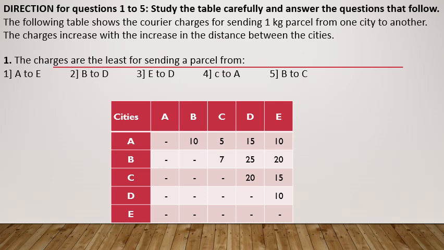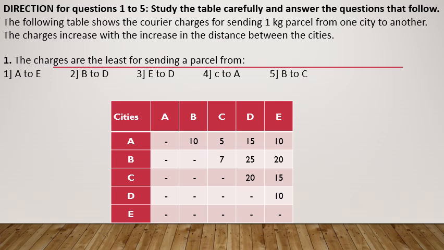Come to question number 1. The question is, the charges are least for sending a parcel from. Let us check the charge of sending a parcel from A to E. If you talk about A to E, then the charge is 10. The second option is B to D. If we talk about B to D, the charge is 25.